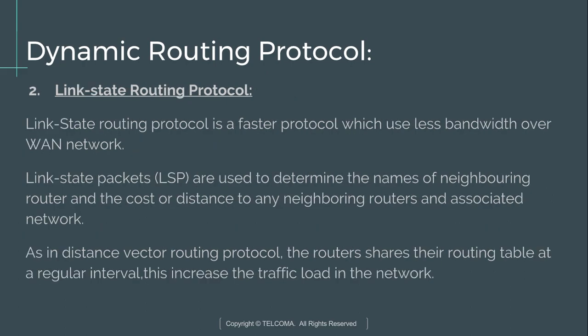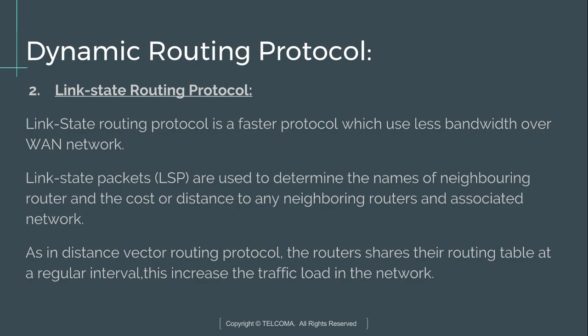Next is link state routing protocol. The link state routing protocol is a faster protocol which uses less bandwidth over a wide area network. This is the routing protocol designed to use less bandwidth. Link state packets, LSPs, are used to determine the name of the neighboring router and the cost or distance to the neighboring router, or the cost to reach the next neighboring routers and associated networks.